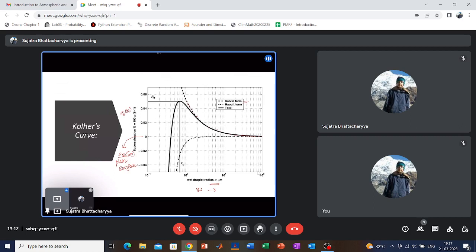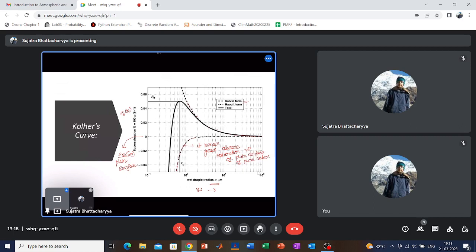Now due to the solute effect, this is the curve which it follows. It never goes above the saturation vapor pressure of the plane surface of pure water. Why?